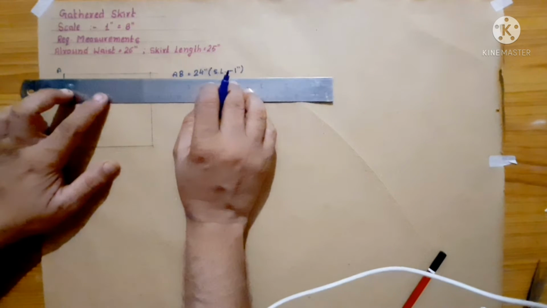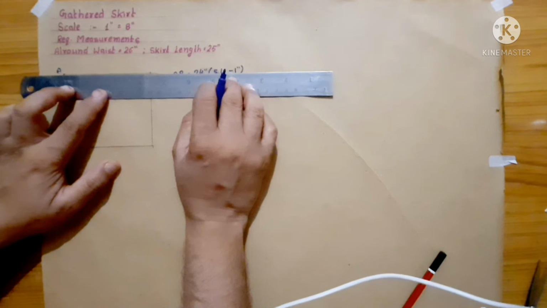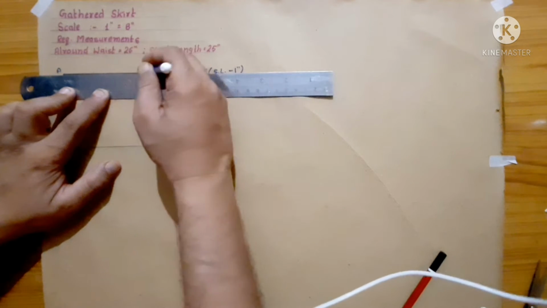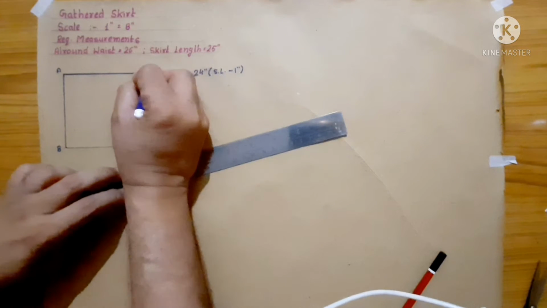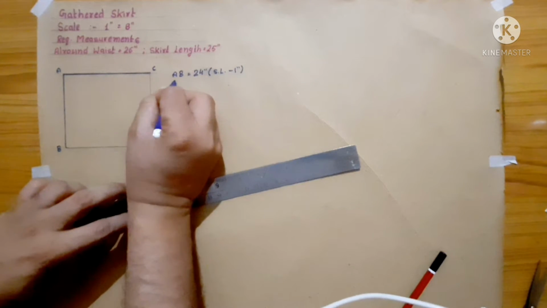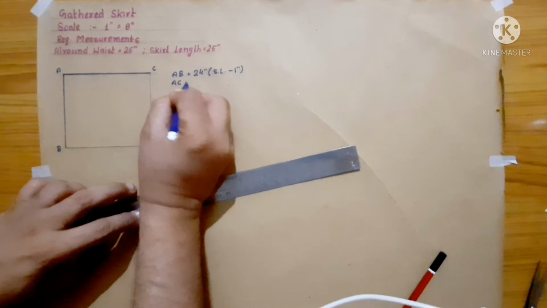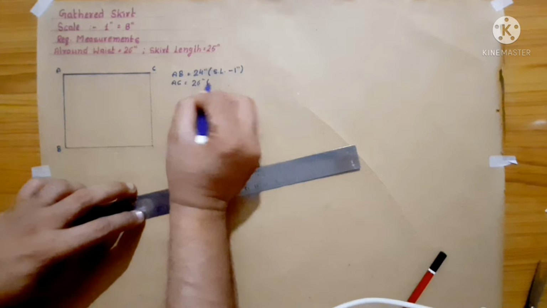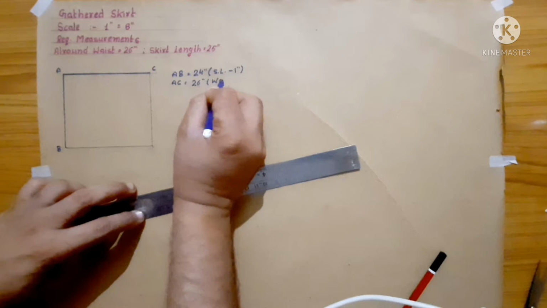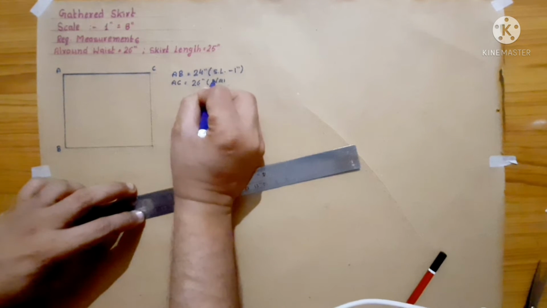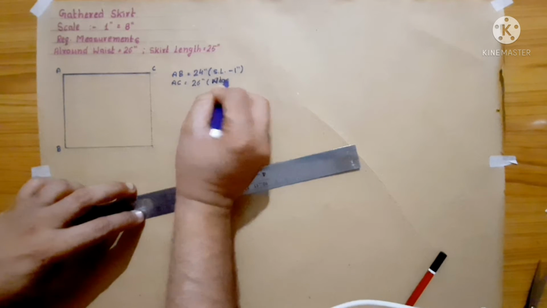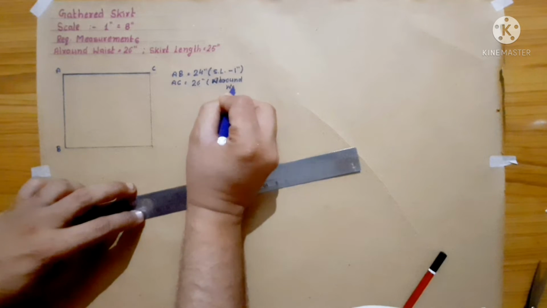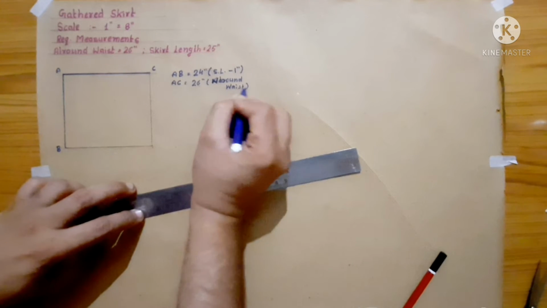Then we'll take the measurement of C. Here AC is equal to 26 inches, that means the all round waist, right?